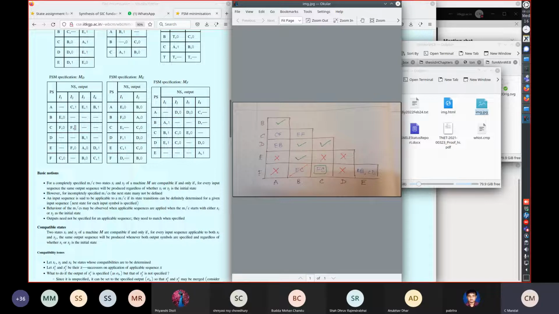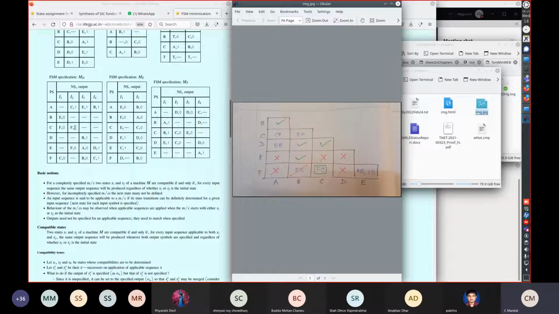So BC depends on EF, okay? And BD is okay. BE is also okay. And BF depends on EC. So BF depends on EC. Okay.